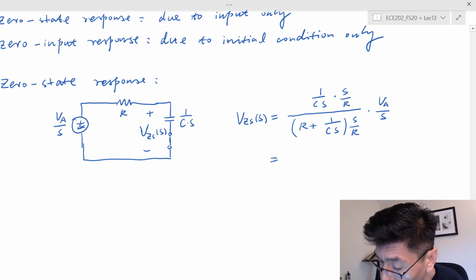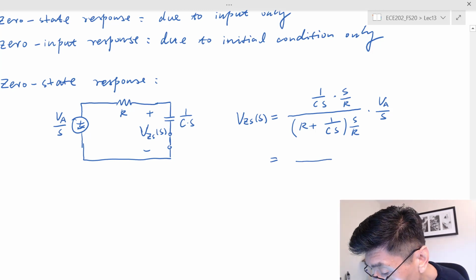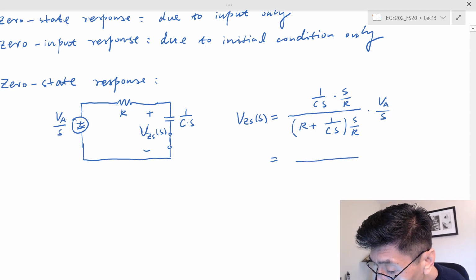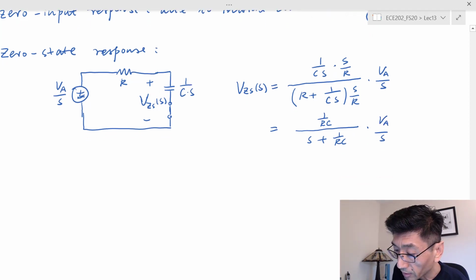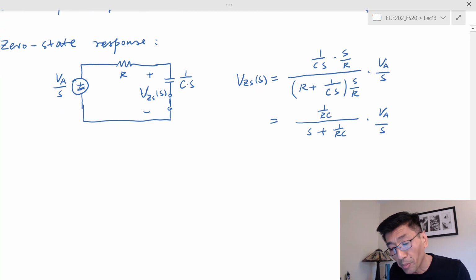On the numerator first, I get a 1 over RC, right? On the denominator here, I get S plus, and the second term, 1 over RC as well, times the V_A over S. And now I can do the partial fraction expansion, right?